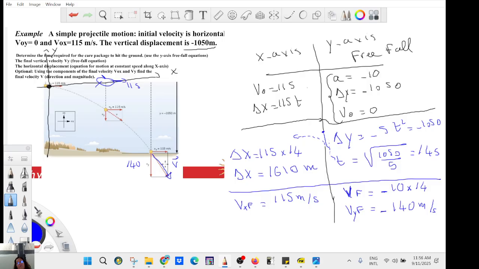So that will be your final velocity. It has two components. It's an introduction to vectors. That component here is going to tell you how fast it's moving forward. This component here will have the information how fast it's going downward.